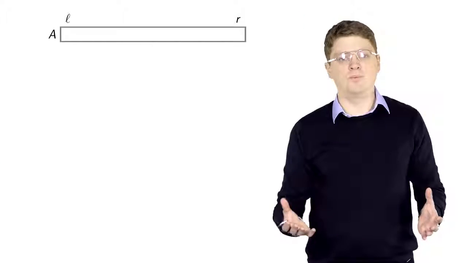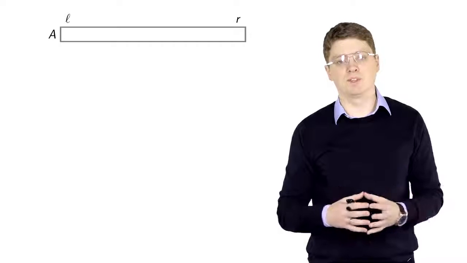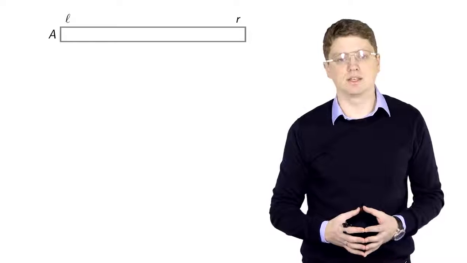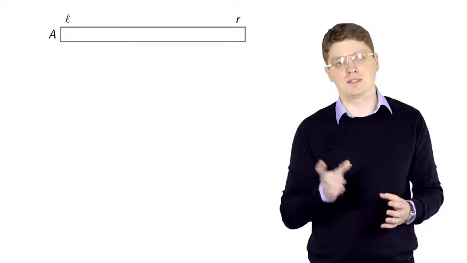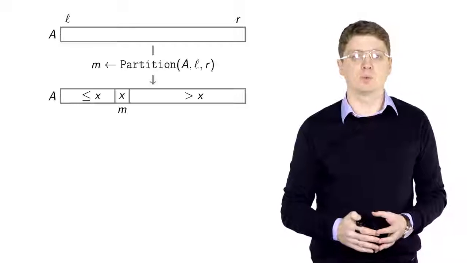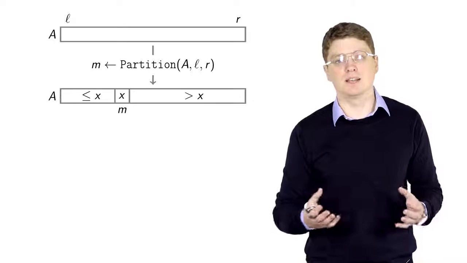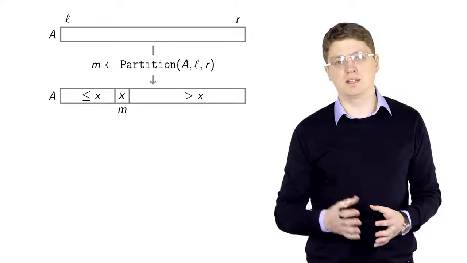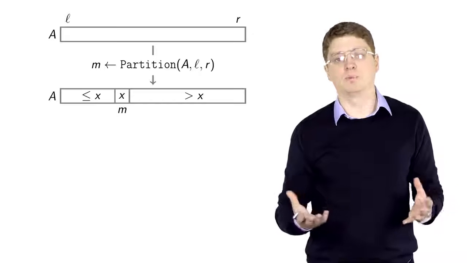So this is how the whole algorithm looks pictorially. Again, we are given an array A with two indices L and R, and we are going to sort a subarray inside A with indices from L to R. We first call the partition procedure with parameters A, L, and R, and it gives us an index M between L and R with the following property.